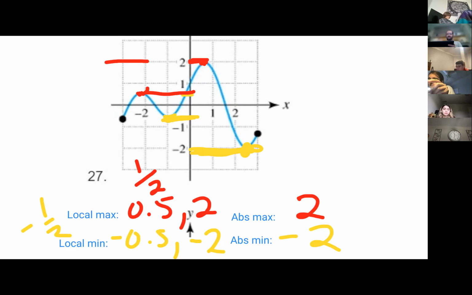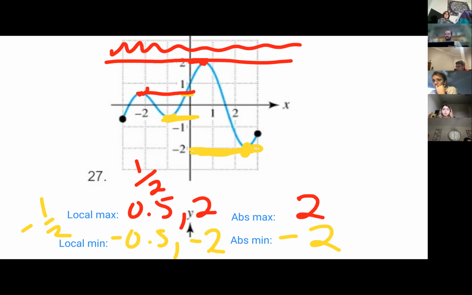If I look at this 2, it goes up to the 2 and turns back around. This graph doesn't come up here. It stops right there at the 2 and turns around. And so if I want an absolute max, the point that it goes to and doesn't go any further would be that 2.